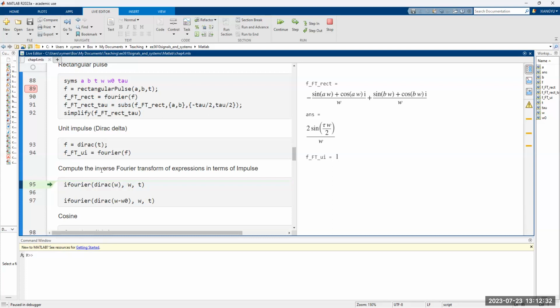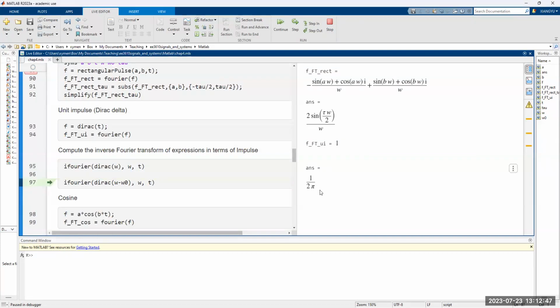Now let's calculate the inverse Fourier transform of the unit impulse function in the frequency domain omega. Going from the frequency domain to the time domain, it is 1/2 pi.